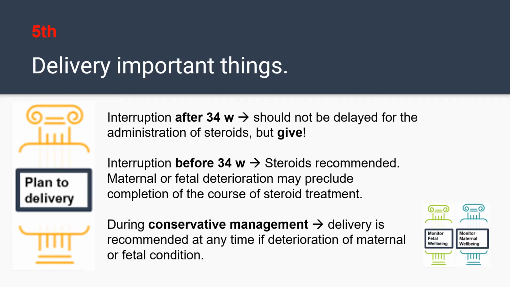Because after 34 weeks, the lungs of the fetus are more mature and better than below 34 weeks, and the risk to the mother is too much. So you give corticoids and you start inducing labor, and maybe the corticoids can act during those hours before the birth, but you don't have to wait 24 hours after the corticoids to start the induction. That is the key message.